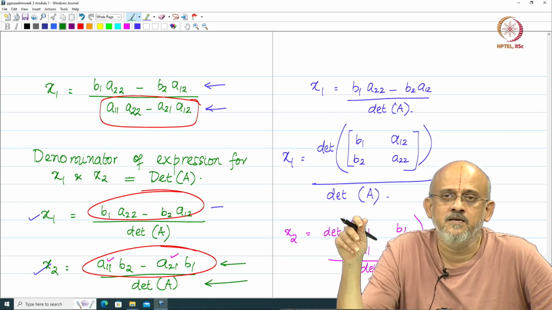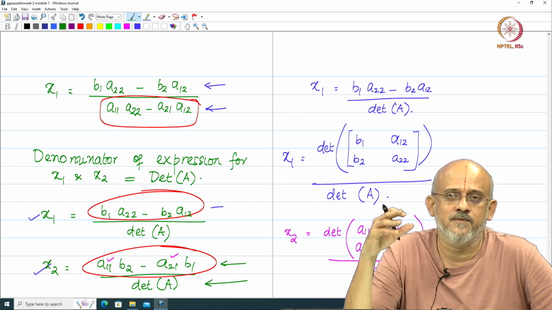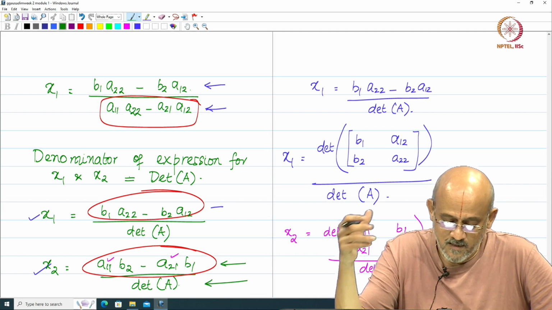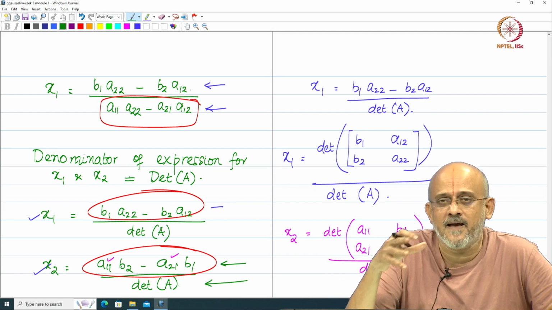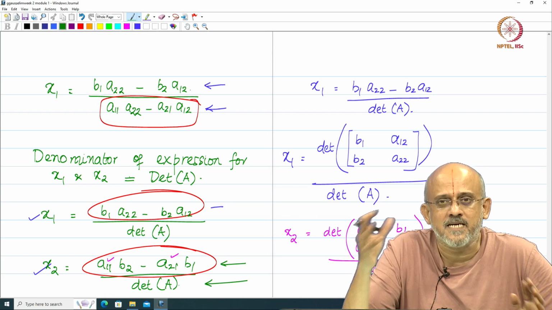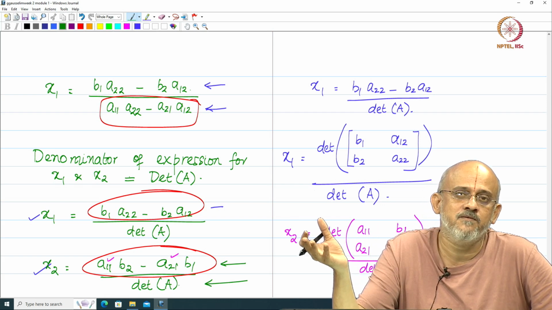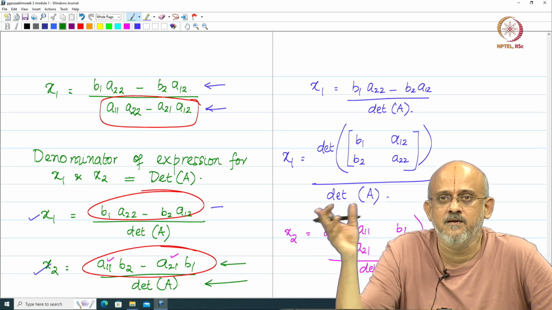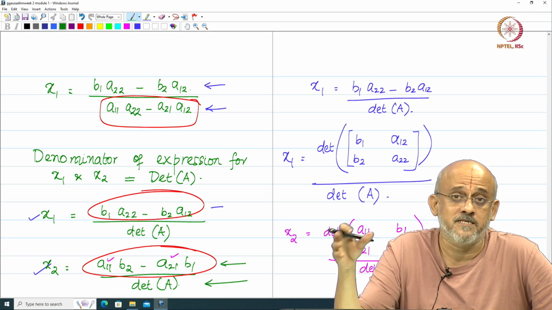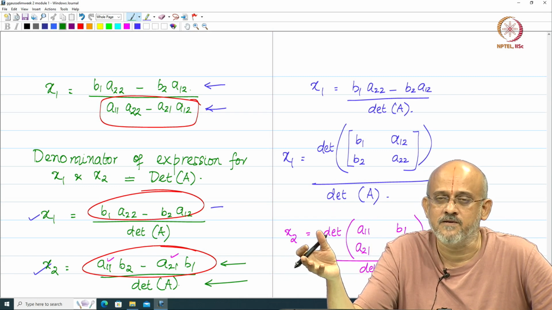I will be looking at the 2 by 2 case, vectors in 2D and all those things, from the next module onwards. There we will see in detail what is actually happening geometrically when you do Cramer's rule. That is something we will get a lot of insight into when we look at the idea of 2 dimensional vector spaces, which will be the topic of discussion for the next module.